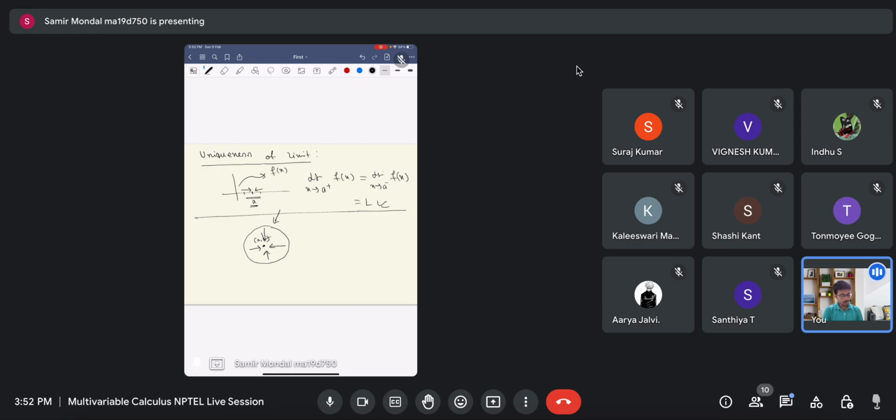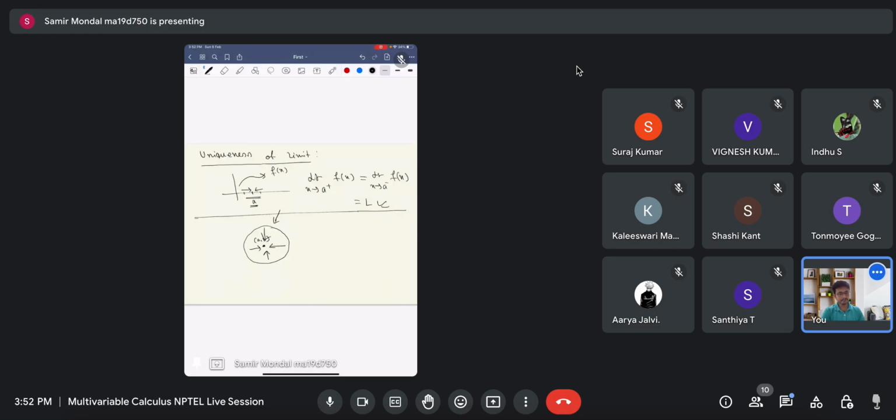When we are approaching the point (a, b) in any direction, if the function limit exists, then when we come from all directions to (a, b), that limit must exist and it should be equal to that limiting value L. Understood or not?